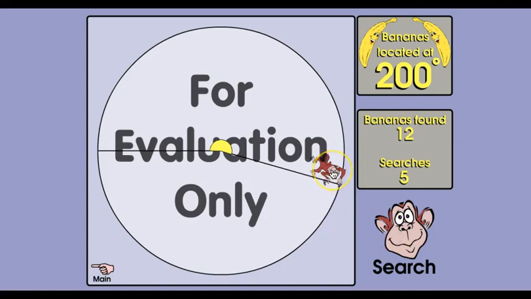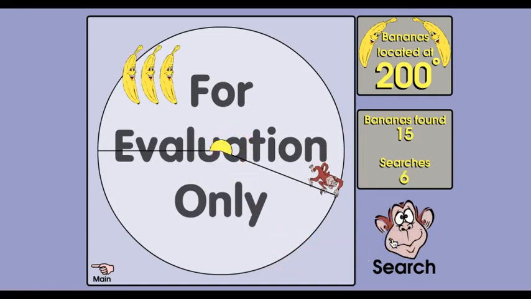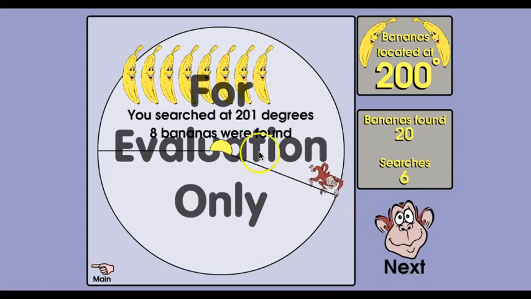Now I know I'm very close because this was 180 and I need about 20 degrees. So we're looking at this angle and we'll send the monkeys to have a look. As you can see, that was a very close guess because that's about 201 degrees.